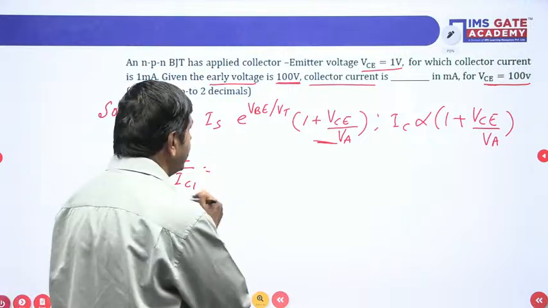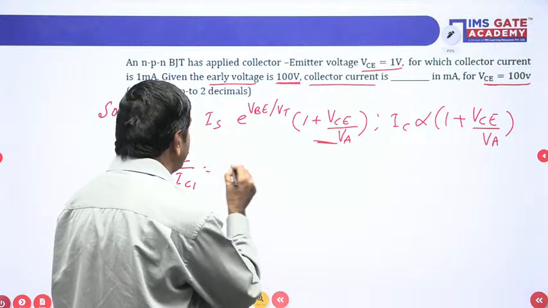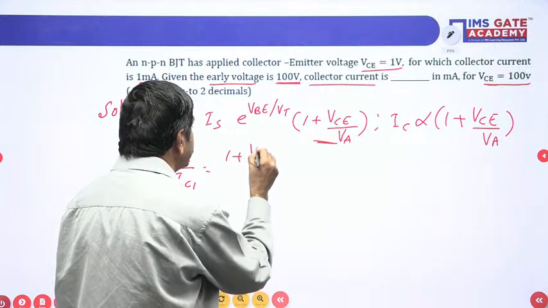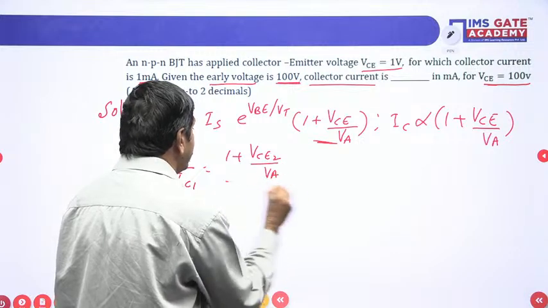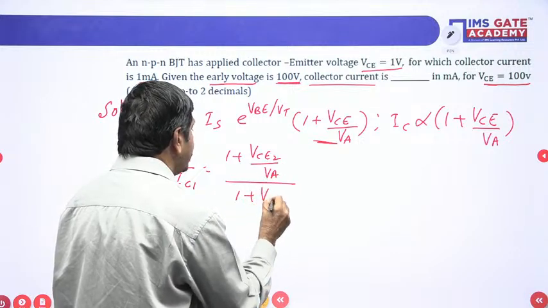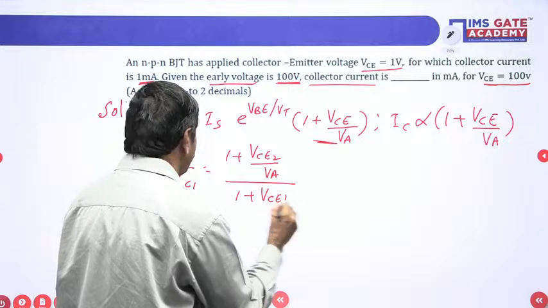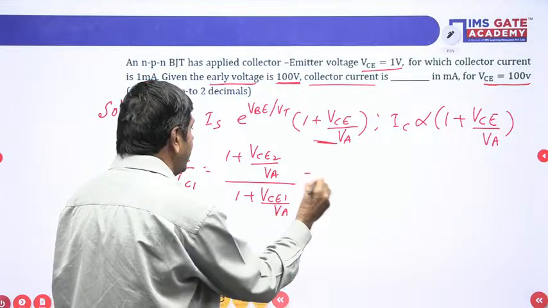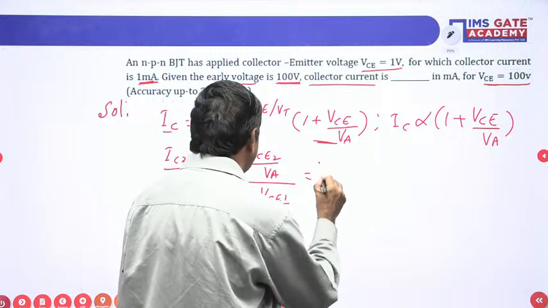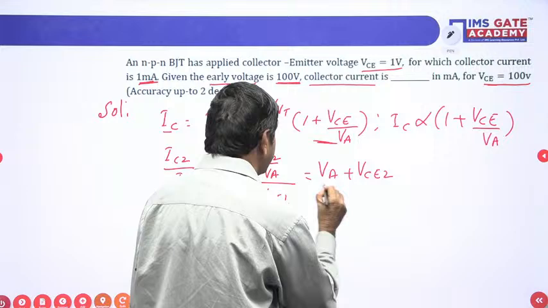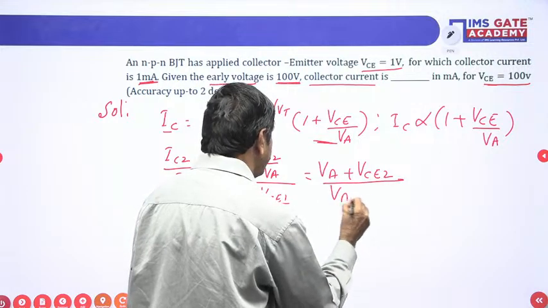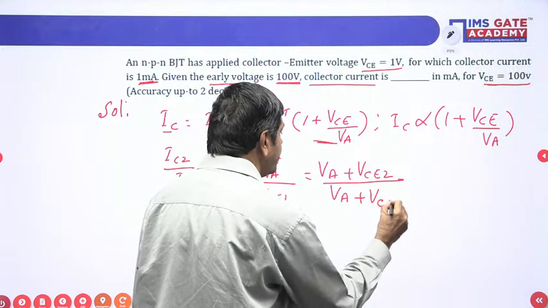Then I can get here 1 plus VCE2 by VA divided by 1 plus VCE1 by VA. On simplification I can get VA plus VCE2 divided by VA plus VCE1.